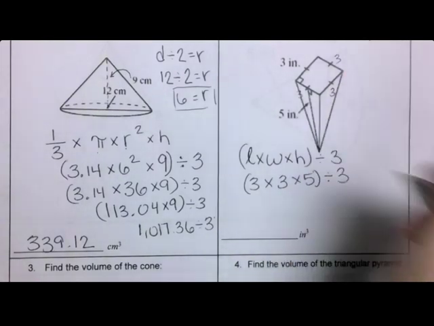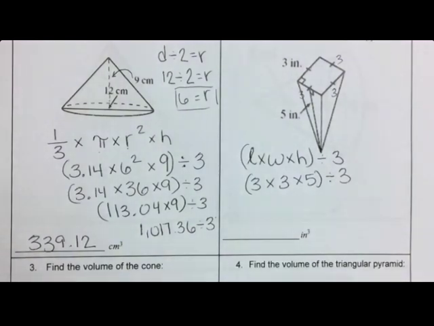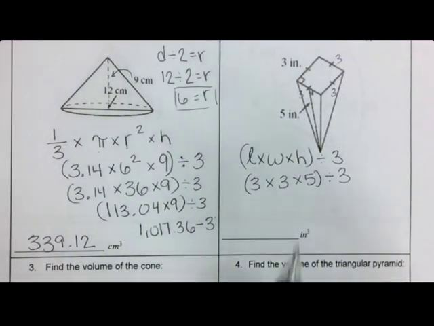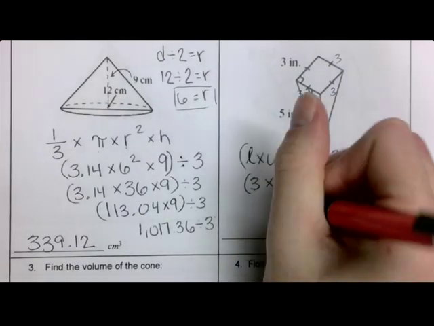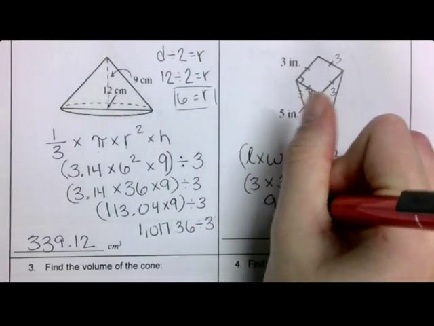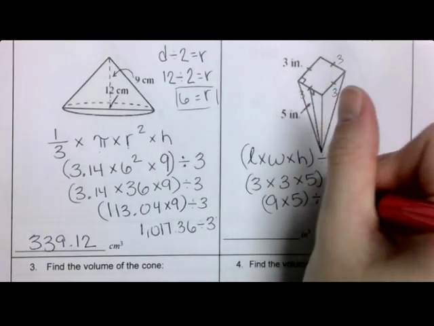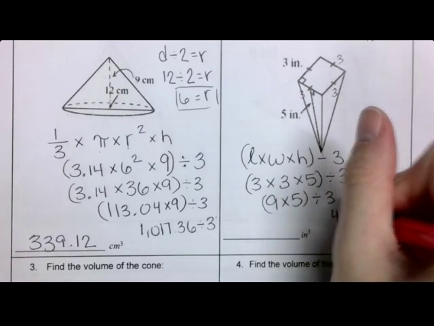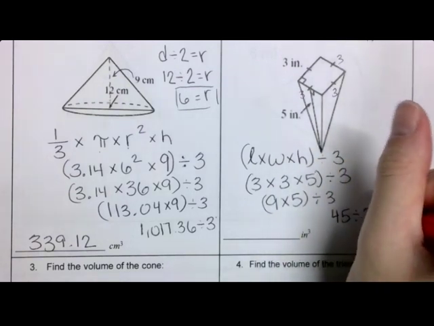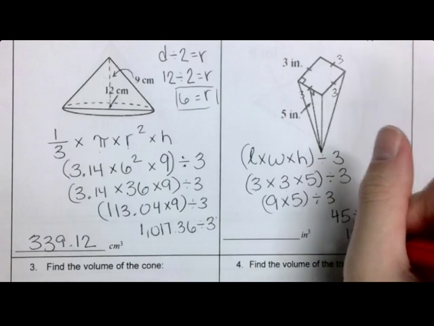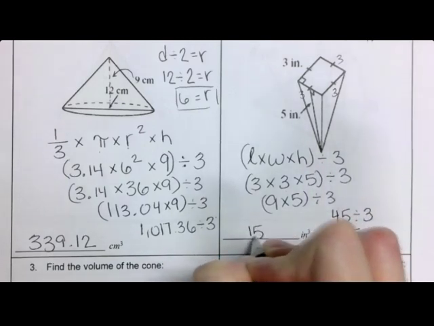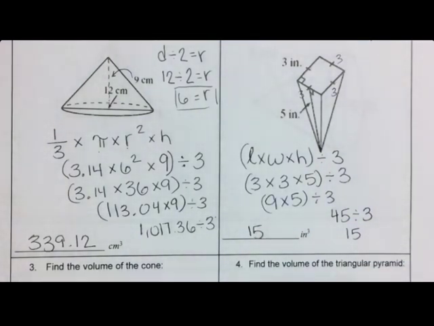We are going to divide that whole thing by 3. So 3 times 3 is 9, times 5, divided by 3. 9 times 5 is 45. Divide that by 3, and you end up with 15. So this is going to be 15 inches cubed.